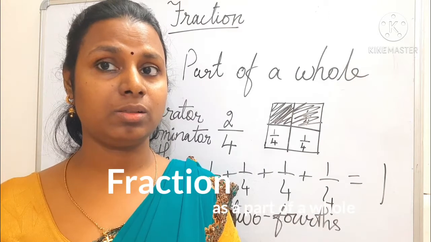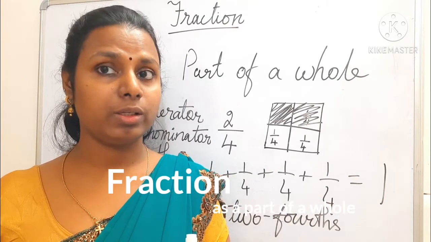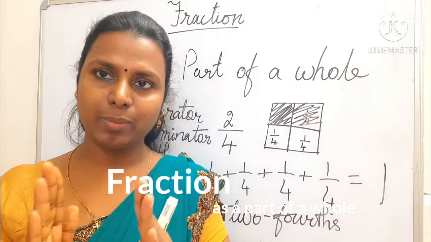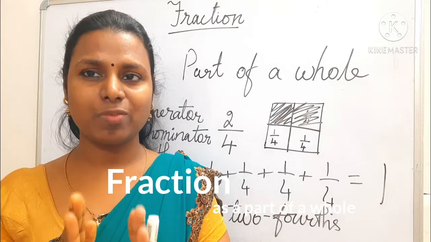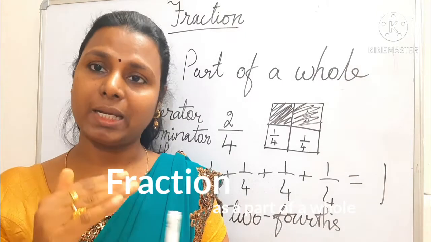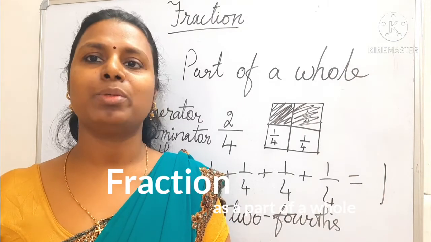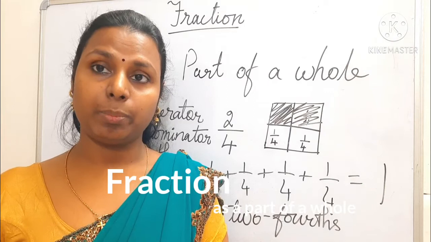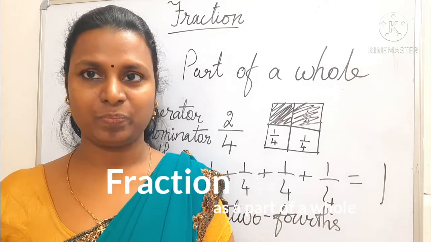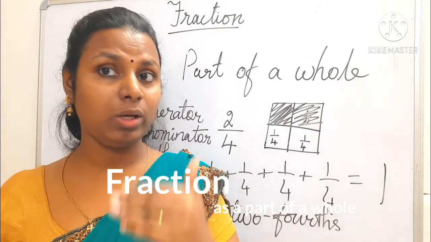Fraction means a part of the whole. Otherwise we say fragment; fragment also has the same meaning, part. When we divide something equally and take a part, 1 or 2 parts, as many as you want, that makes a fraction.